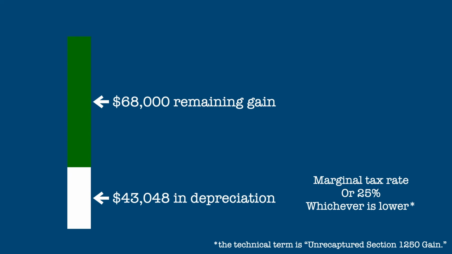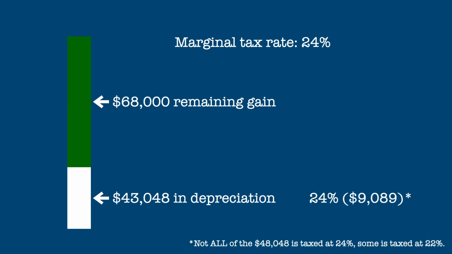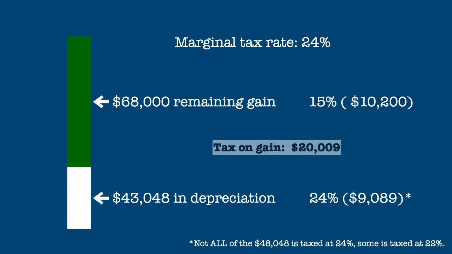The remaining $68,000 is taxed at capital gains rates, which, depending on Christine's other income, can be 0%, 15%, or 20%. Calculating capital gains tax is, well, complicated, and the subject of another video you can watch right now if you need to. To extremely oversimplify this, if Christine's marginal ordinary income tax rate were 24%, the $43,048 would be taxed at 24% and the remaining $68,000 at 15%.